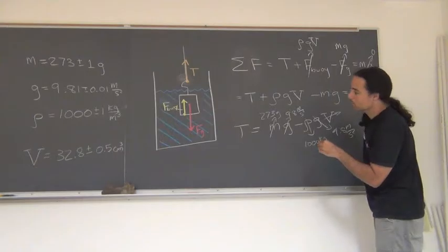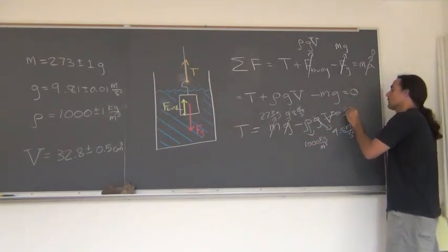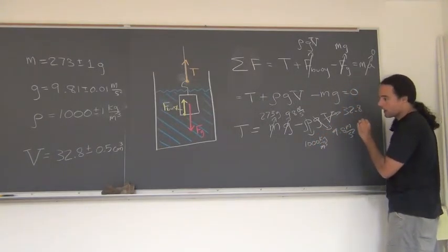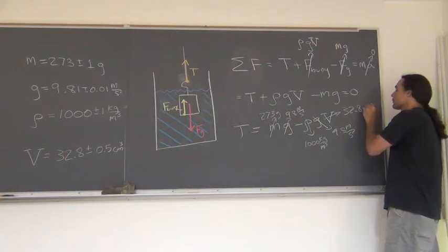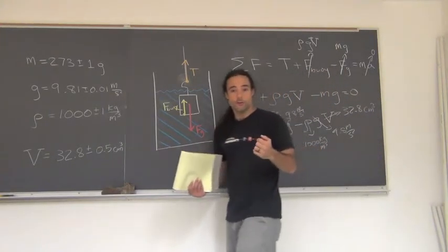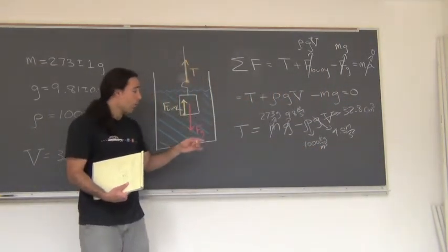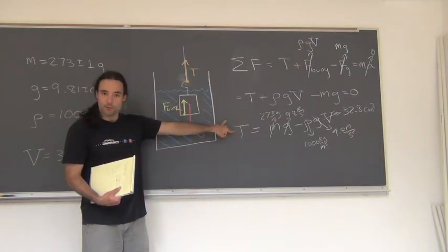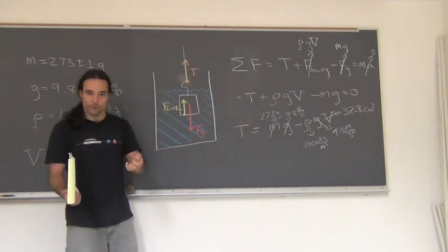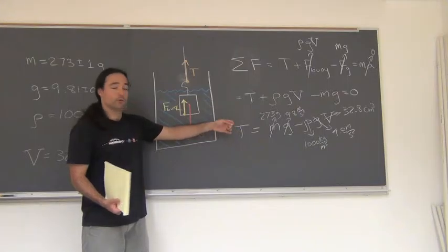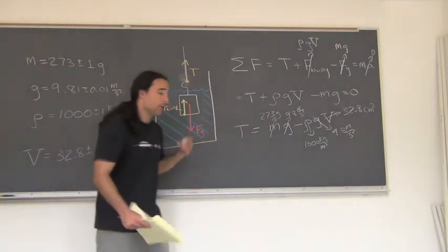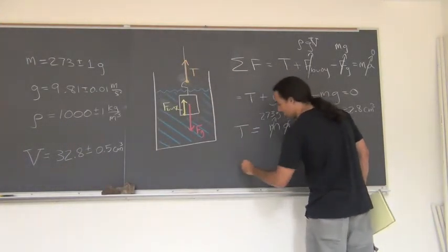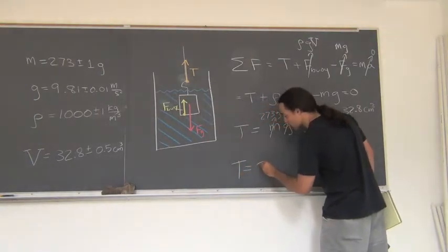And the volume is 32.8 centimeters cubed. Now, you will need to do some conversions for this, or you could just plug these numbers directly into Google's search bar, and Google will do the conversions for you. But lo and behold, when you do this, you will get just what we found.